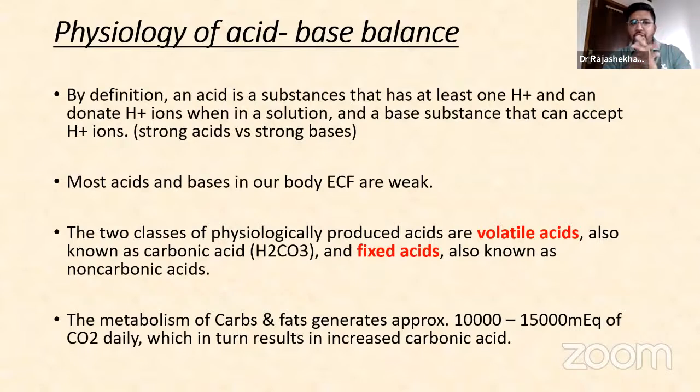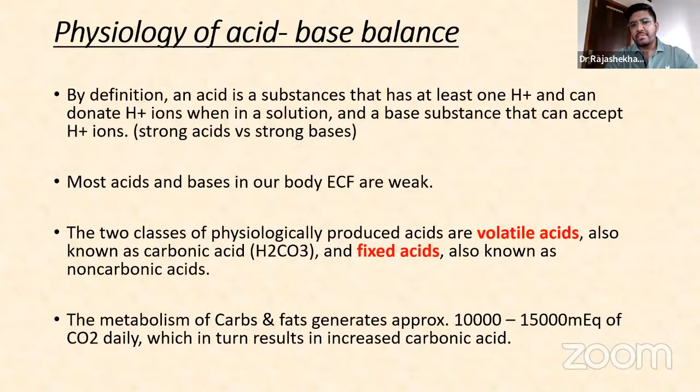Physiologically, there are two classes of acids produced in the body. During the metabolism of carbohydrates, proteins and fats, acid generation occurs. These acids are generated in two forms: volatile acids and fixed acids. The main volatile acid produced during metabolism is carbonic acid, which can be vaporized and excreted through your lungs.